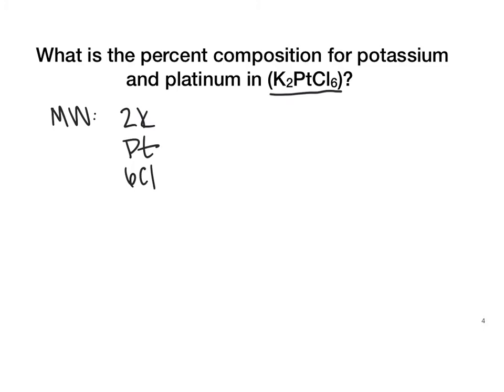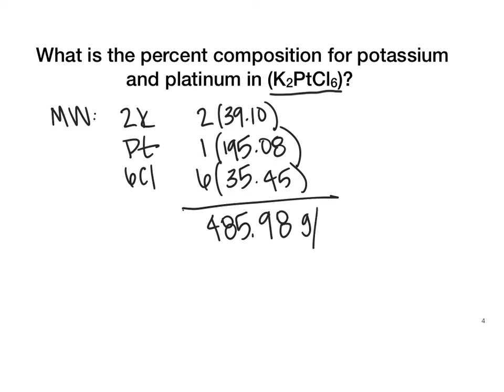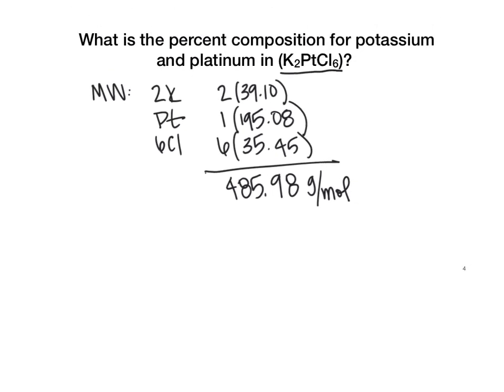From the periodic table, that's 2 times 39.10, 1 times 195.08, and 6 times 35.45. That gives us a molecular weight of 485.98 grams per mole.